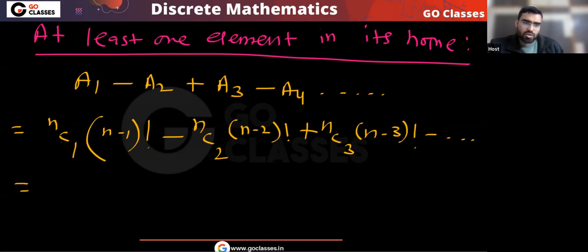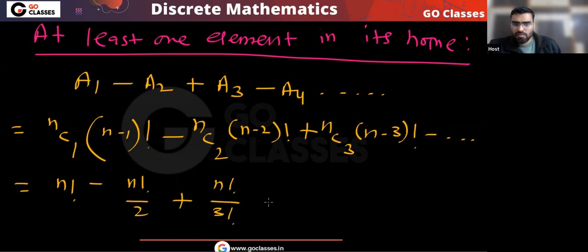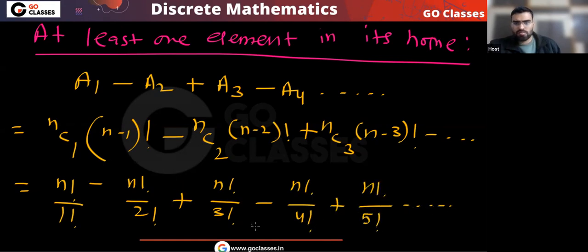This is n into (n minus 1) factorial, so this is simply n factorial minus nC2 (n minus 2) factorial, which is n factorial by 2 factorial. And this is n factorial by 3 factorial. So I can write minus n factorial by 4 factorial plus n factorial by 5 factorial and so on.